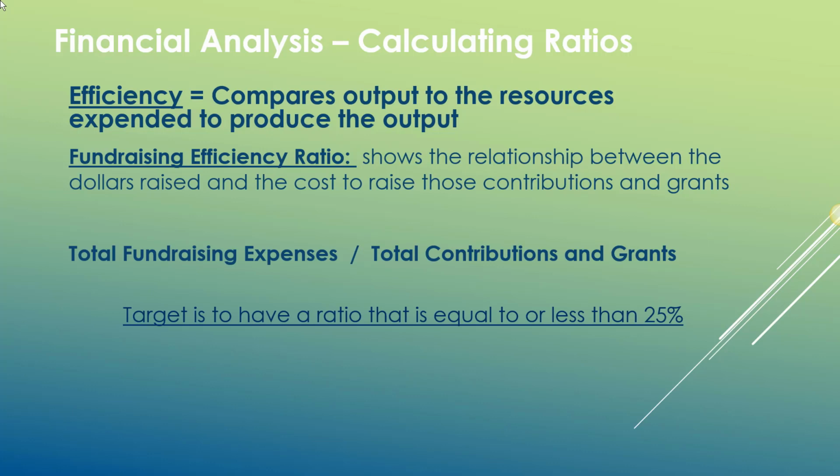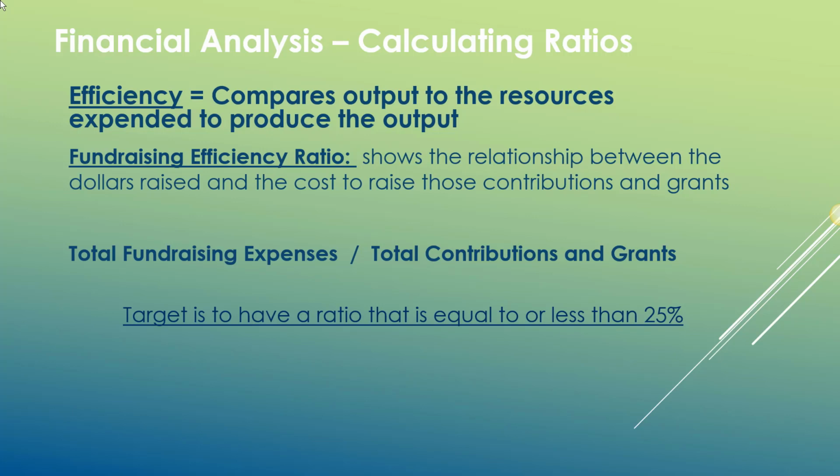The fundraising efficiency ratio. We talked from the very beginning of this course about fundraising and what effect having a so-called large amount will affect a potential donor's view of the organization. So this ratio looks at your total fundraising expenses divided by the total contributions and grants that you're receiving.